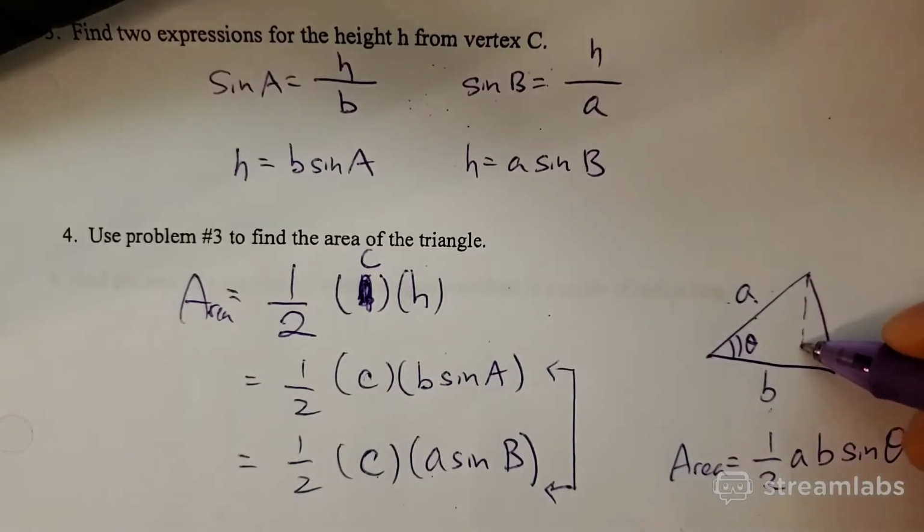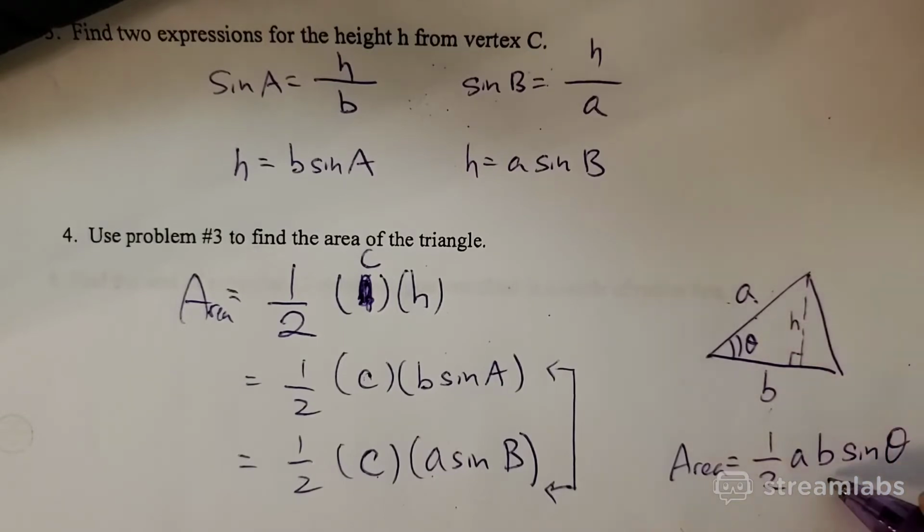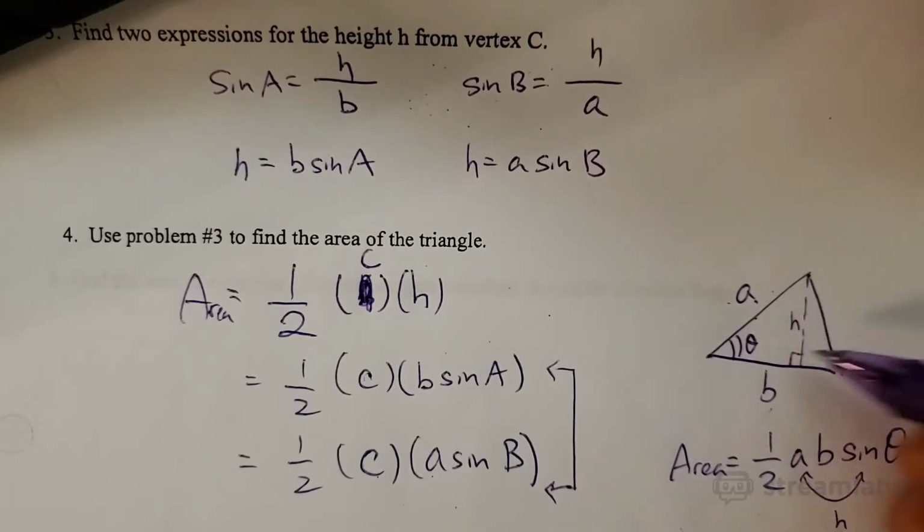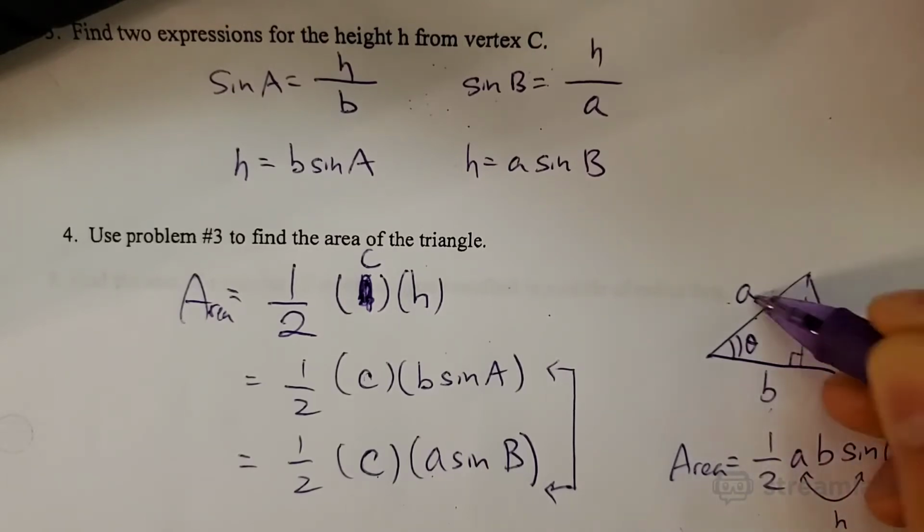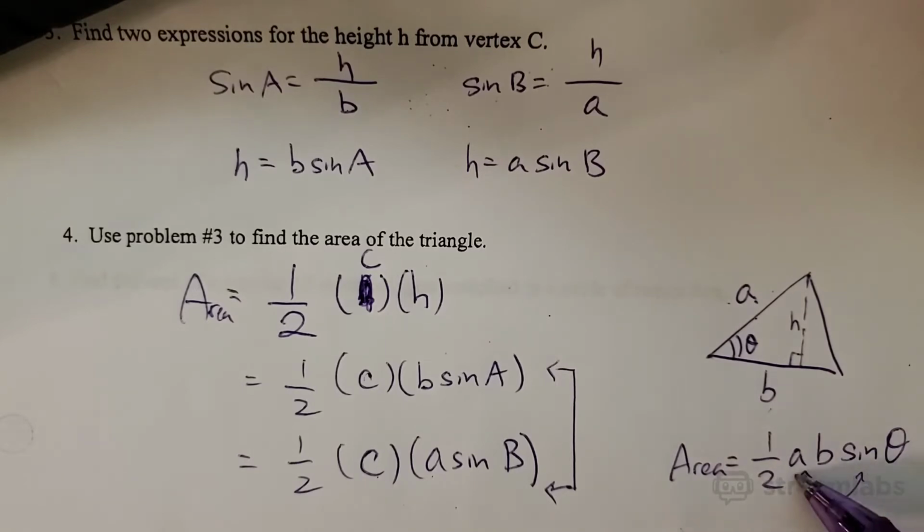Essentially you're always trying to find the height first. 1/2 a sine theta is the height, because sine theta is h over a, right? And you can do that for any angle as long as you have the sides including the angle in between them. Side angle side situation, basically.